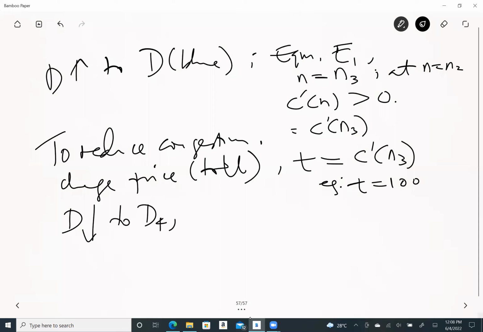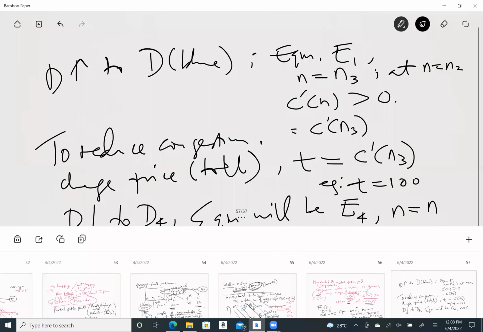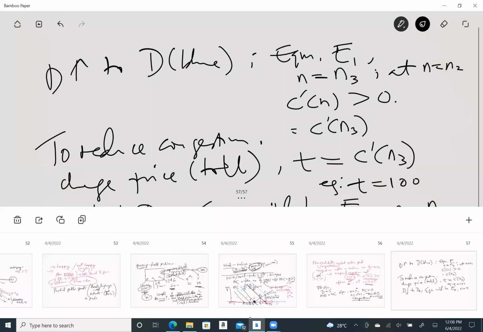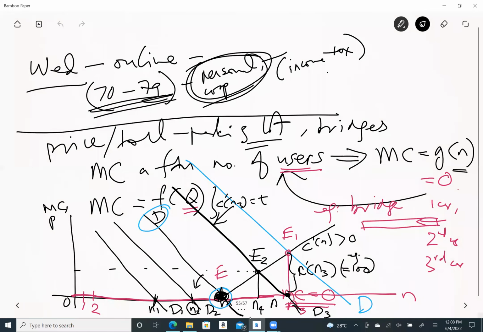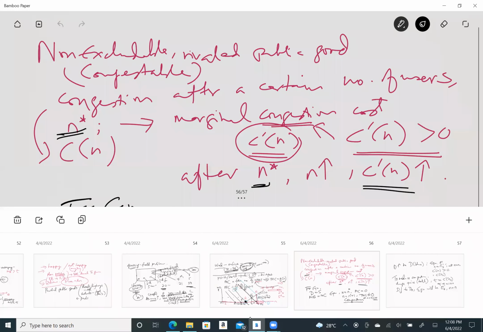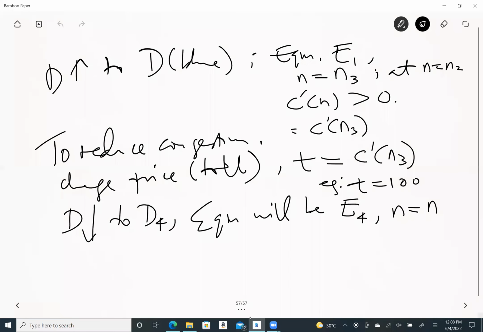So the equilibrium will now be E2, where N is equal to N4.